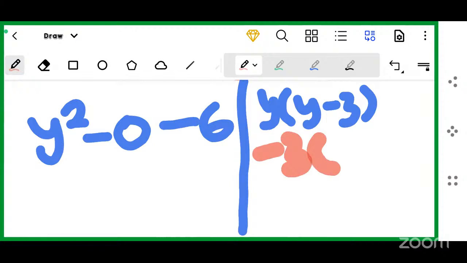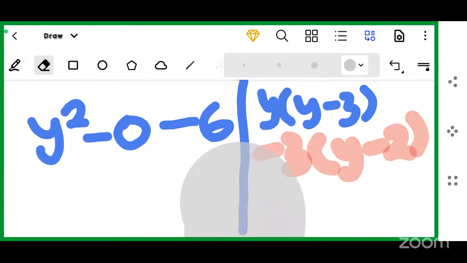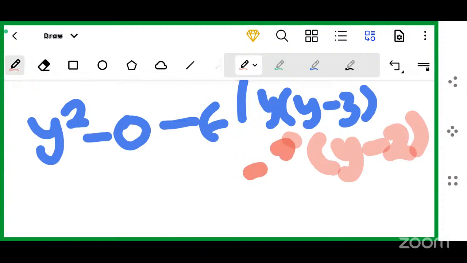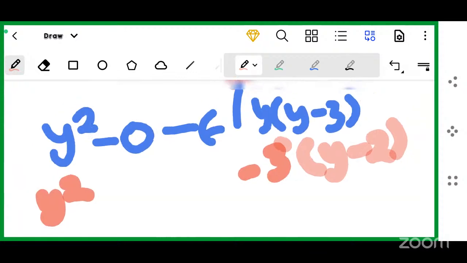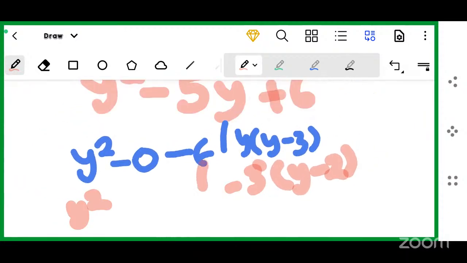And then, next step, for the dark blue, I wrote y to the power of 2 minus 3y.